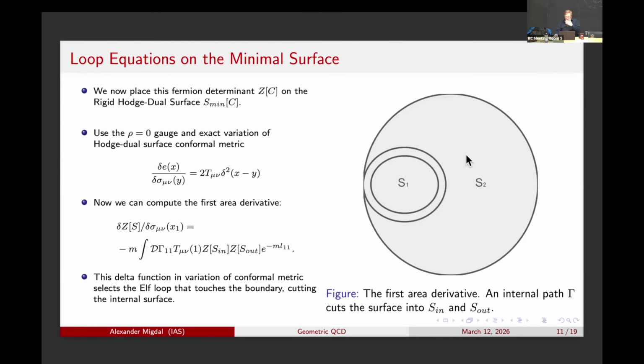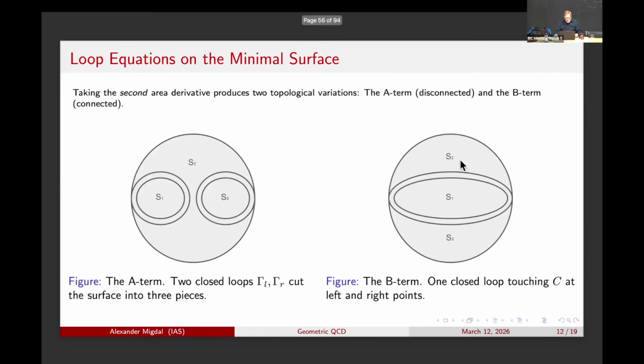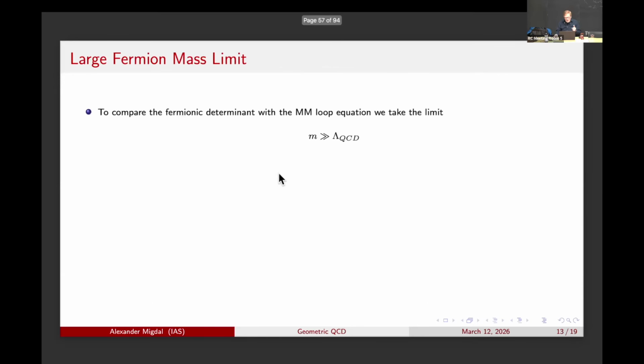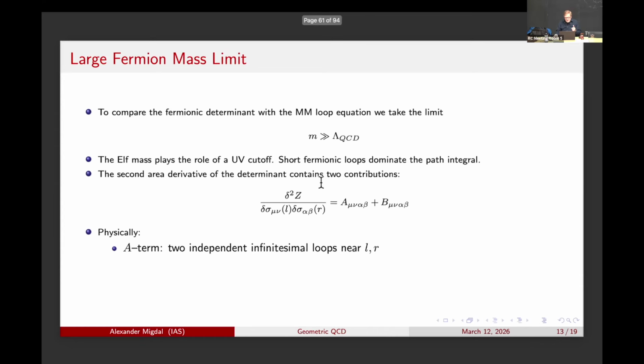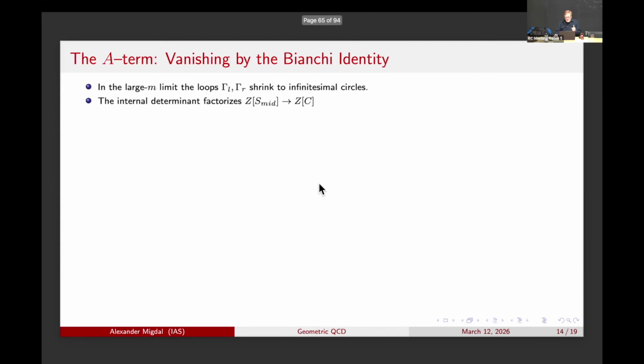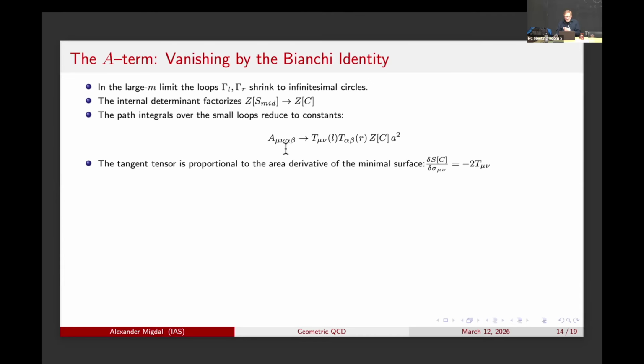So in the limit of very large mass, when the paths are small, in this left term I will get this A term. It will tend to T mu times T mu times z times some constant squared. That constant comes from the sum over little paths, but otherwise it will be T mu times T mu.